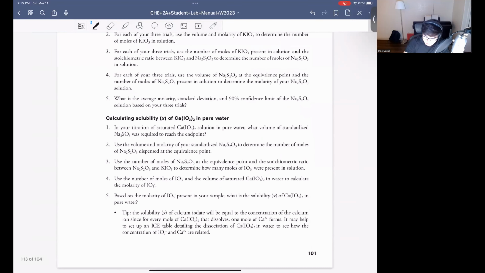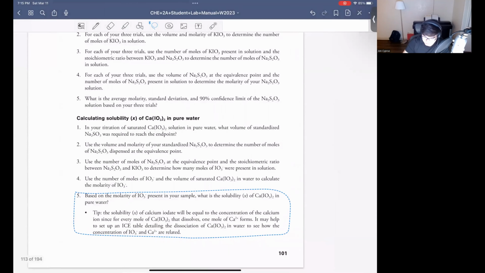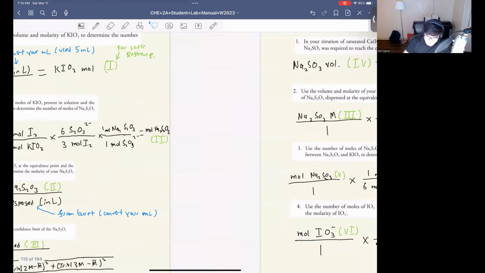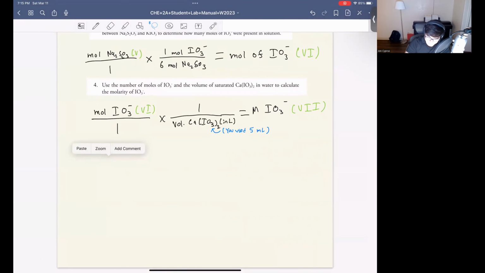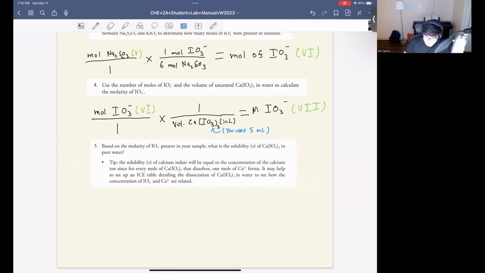All right, for the last part of number 5, they want you to calculate the solubility of calcium iodate. So they want you to figure out how much dissolved, essentially. They give you the hint here.